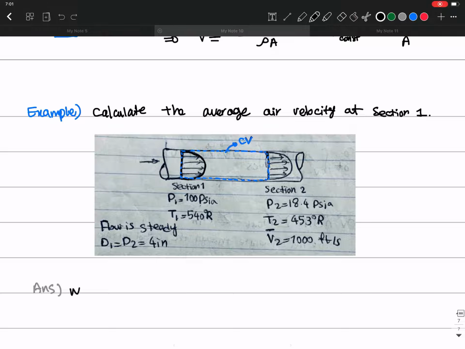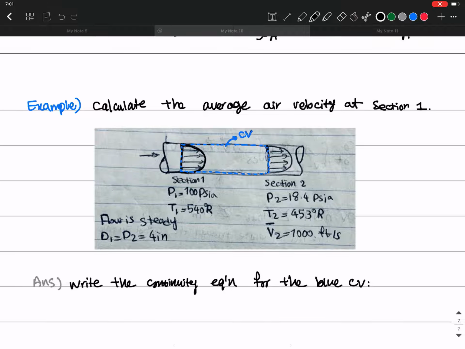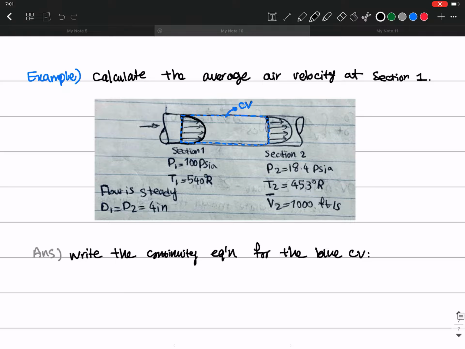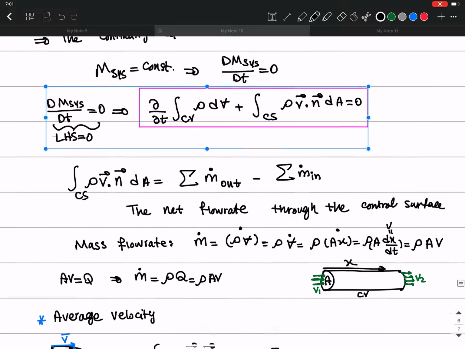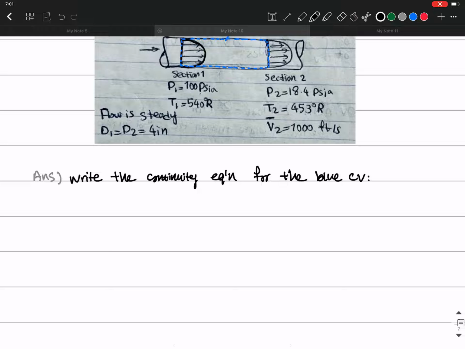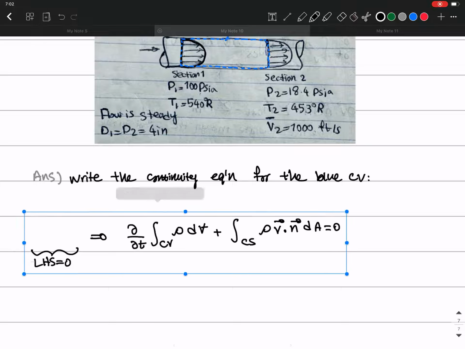Then we write the continuity equation for the blue CV, control volume. So let's write that. I have this continuity equation.